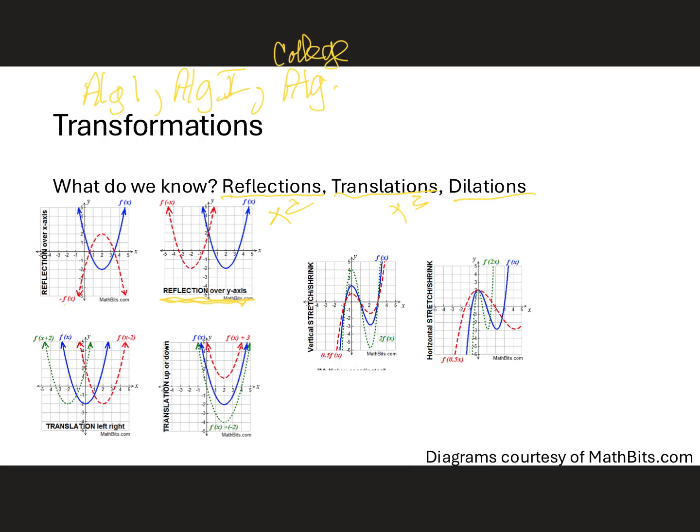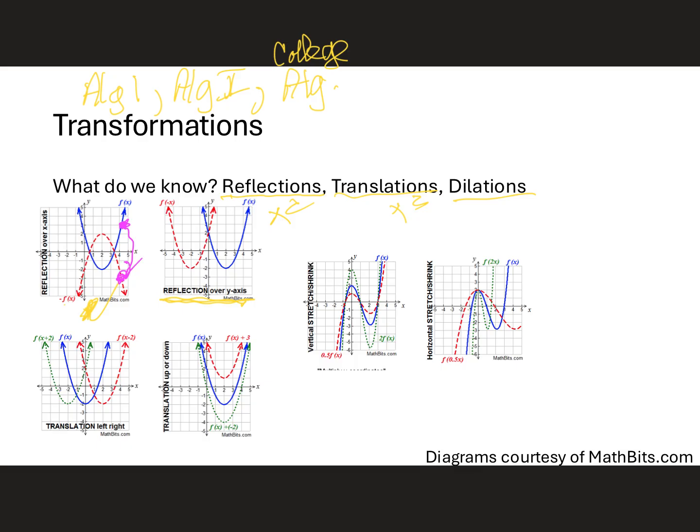Now, I want you to think through this again. We've talked about this before, but we want to think, why does that make sense? Well, if you take a negative times the function values in this first case, that means you're taking a negative of the y value. So if I have a y value here and I take the negative of it, that puts it down here.